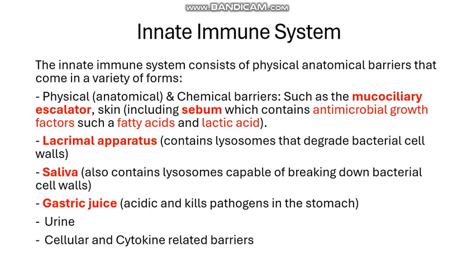And then pathogens also get destroyed in our urine because it's very salty, so they tend not to do well unless they have a peptidoglycan membrane. Then we also have our cellular and cytokine related barriers that we're going to go over now.